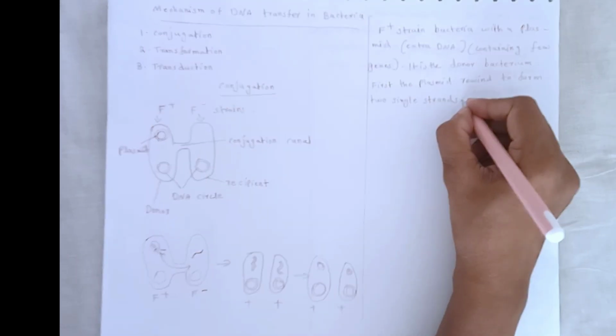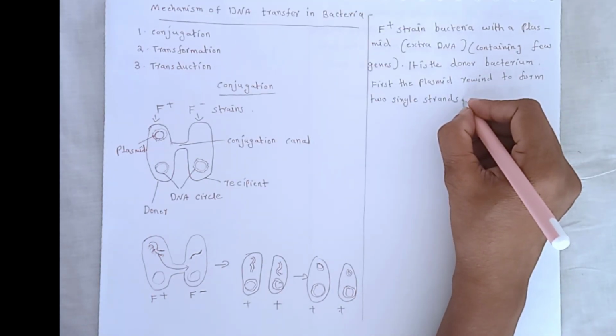One of these single strands of DNA moves through the conjugation canal and enters the F minus strain bacteria.